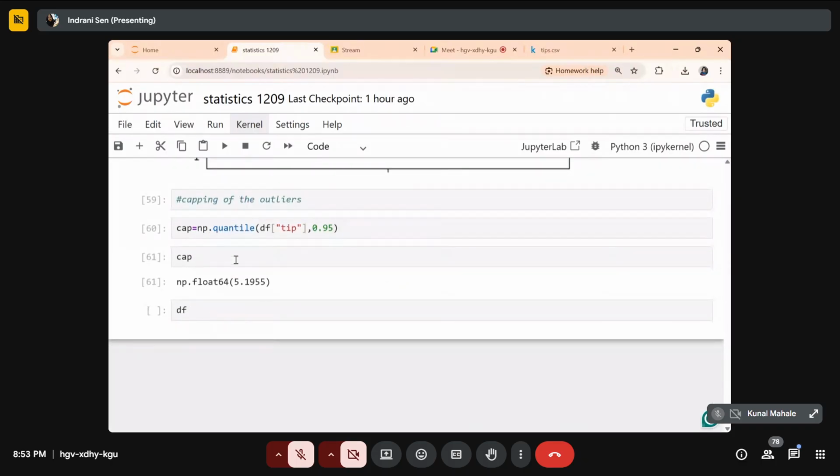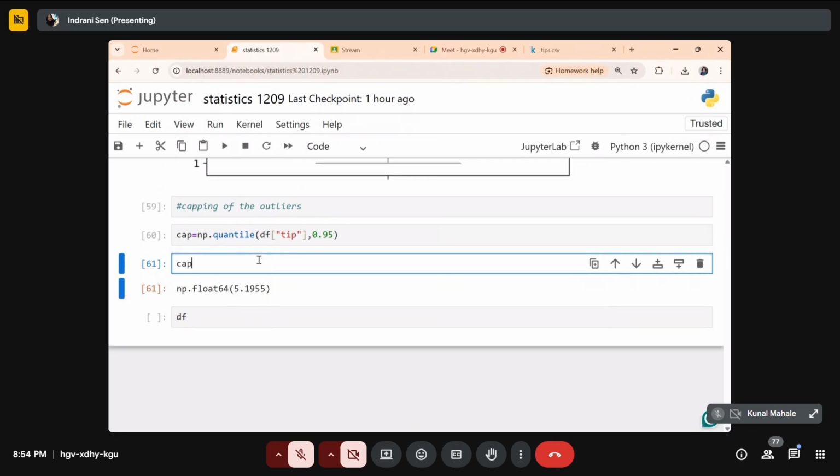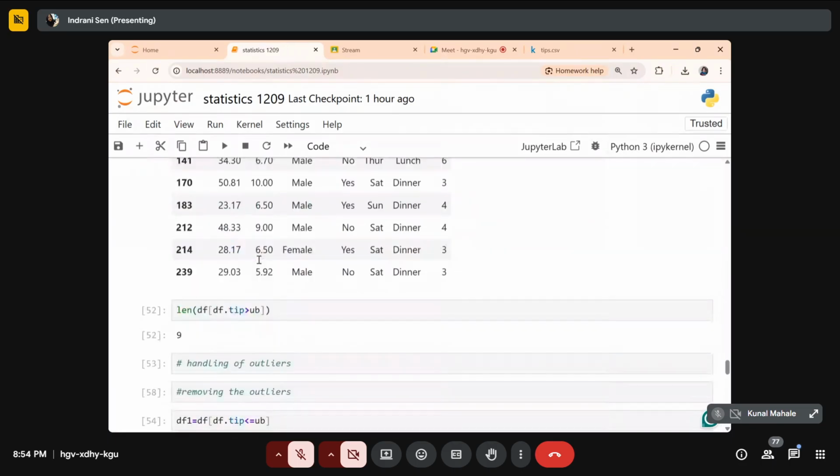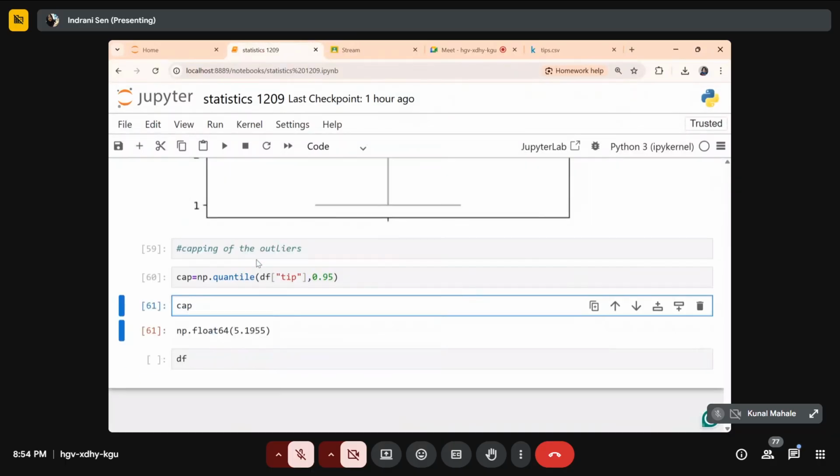There is another technique of replacing the outliers, which is called capping. Okay. So it's okay. We can give this practical during the time when we are doing pandas. Okay, but then I'll give you some calculation to do during the statistics practicals.